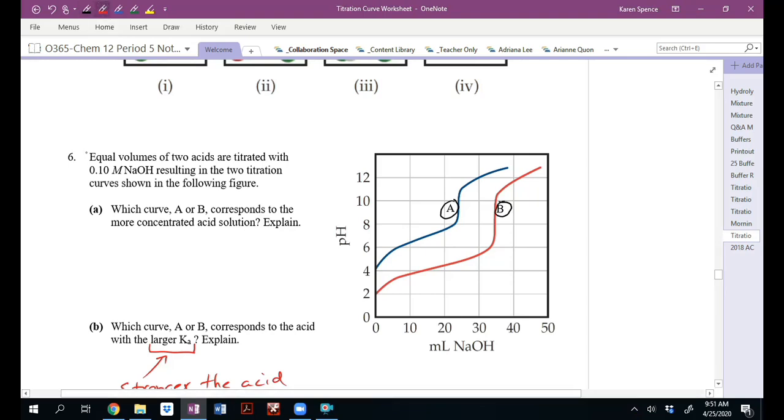Well, since we have equal volumes of the two acids, whichever one requires more moles of NaOH will be the more concentrated.